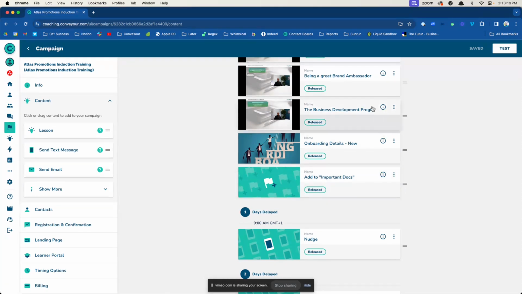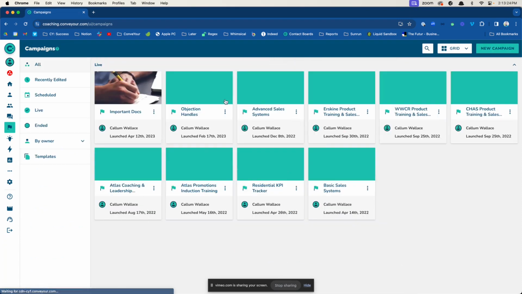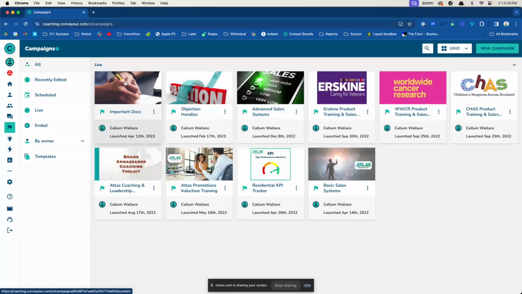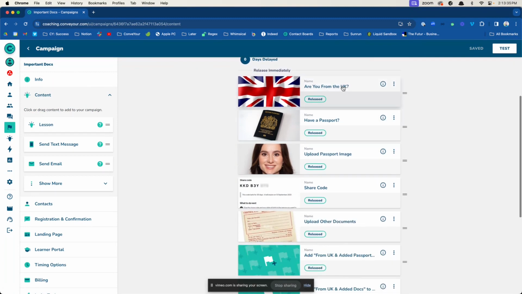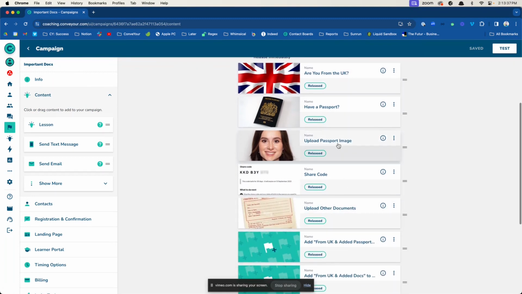This gives everyone an overview of their company, and then they're pushed over to important documents, where they provide proof that they can work in the UK, that they have a passport, or a birth certificate if they don't have a passport, and whatnot. They ask them these specific questions, and they process through that.